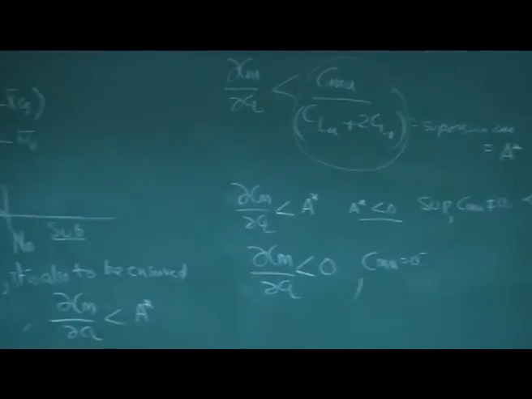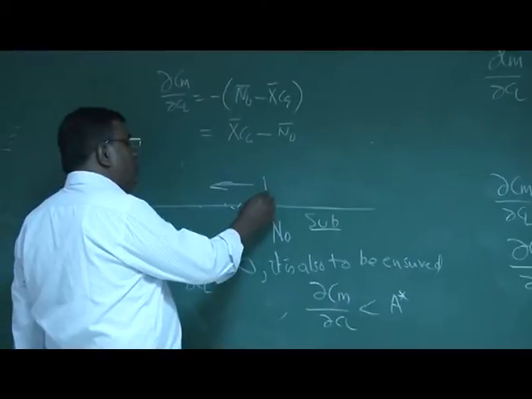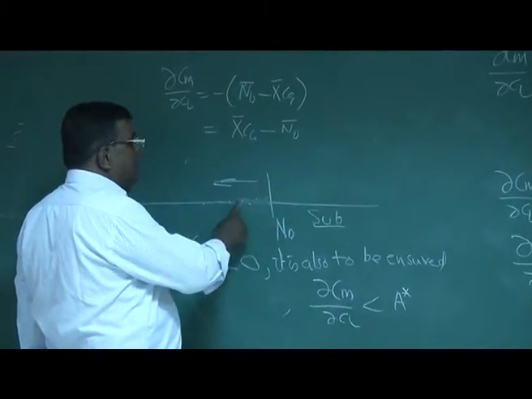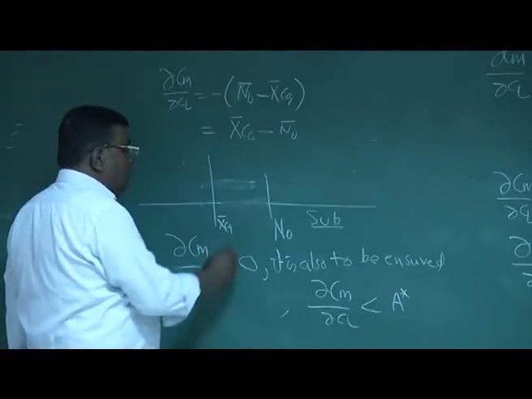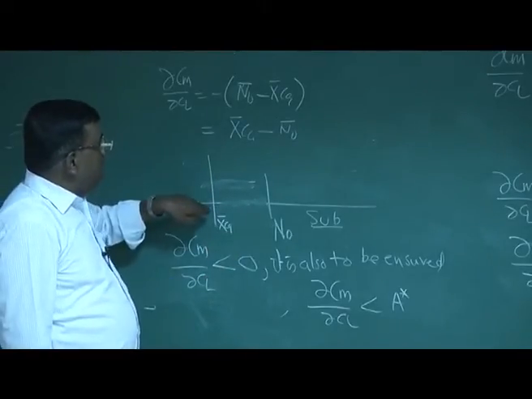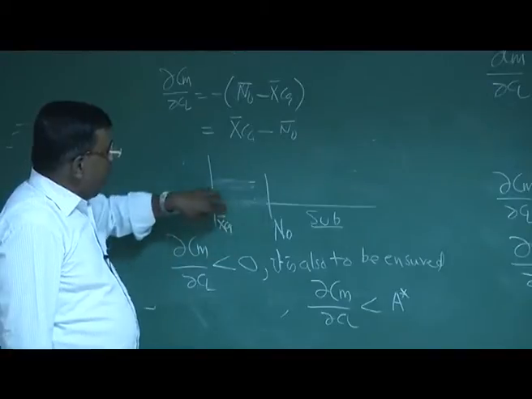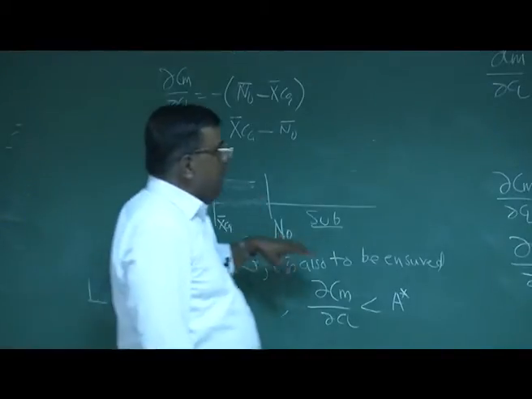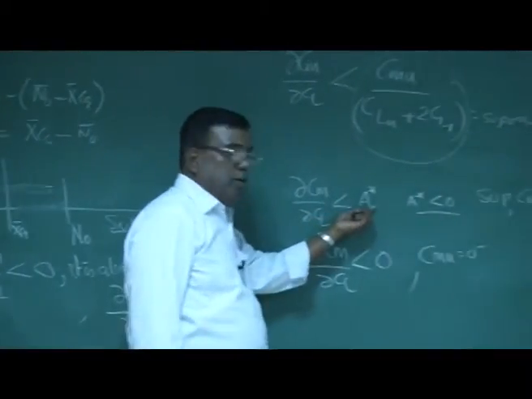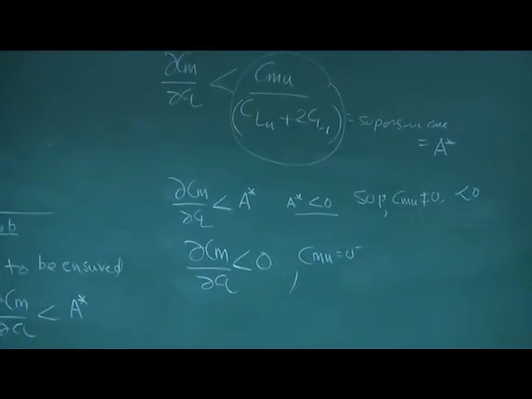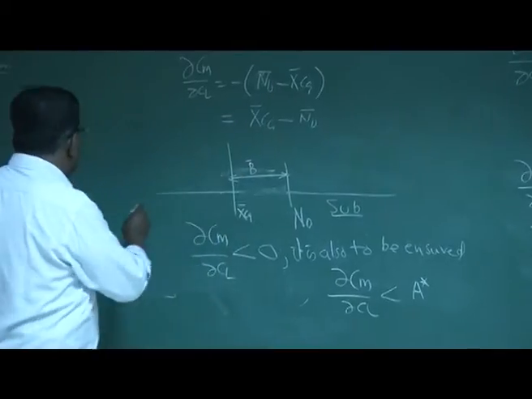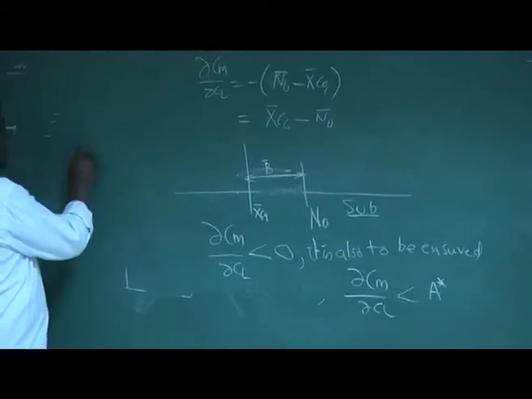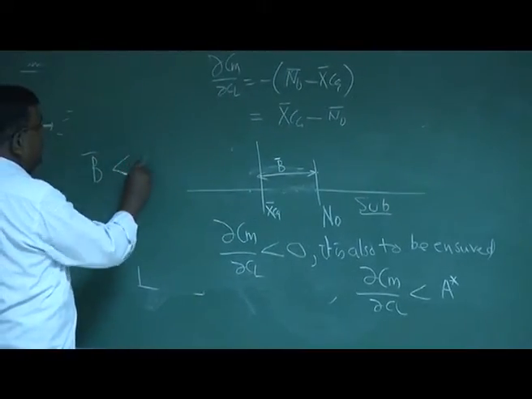So just putting the CG ahead of N0 will not be sufficient. You have to ensure that the separation xcg minus N0 is less than A star. That is, this distance, if I call it B, for the supersonic case this B should be less than A star.